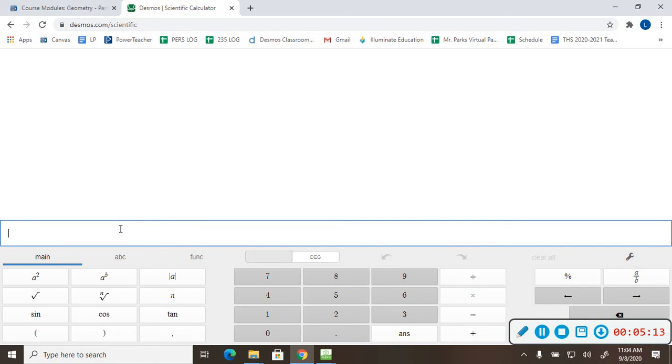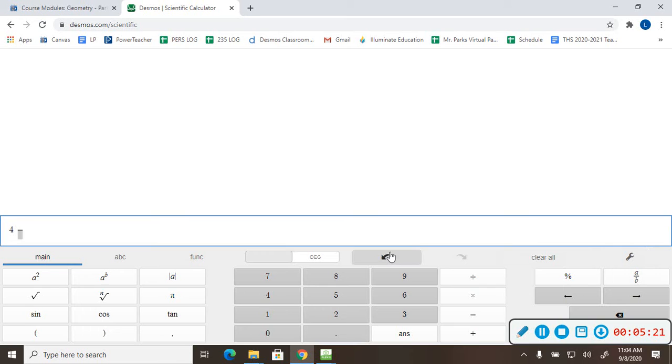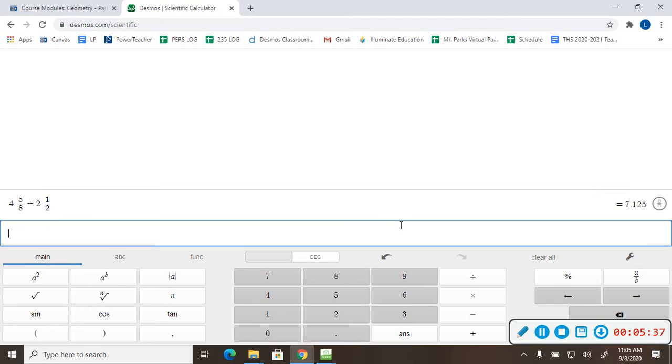And so I'm trying to add 4 space 5/8 plus 2.5, and you have to hit the space bar, and then the fraction one's over here. See it? 7.125.